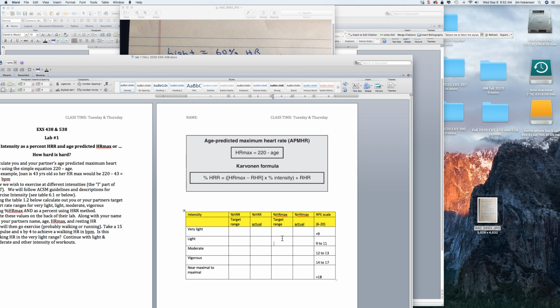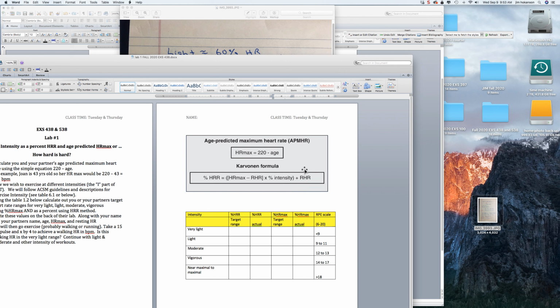The next equation that we want to use is shown up here at the top of this page, and that is using the Karvonen or heart rate reserve method. HRR, or heart rate reserve, you're just subtracting out rest. So it's max minus rest times an intensity, and then rest is added back to that equation.